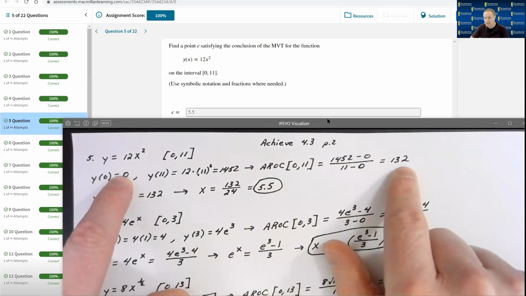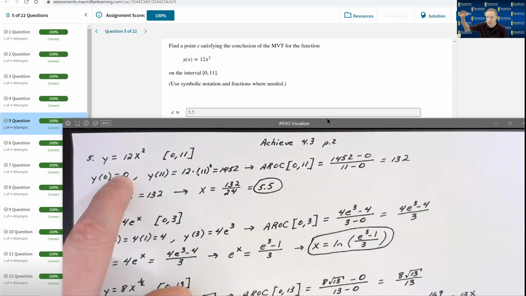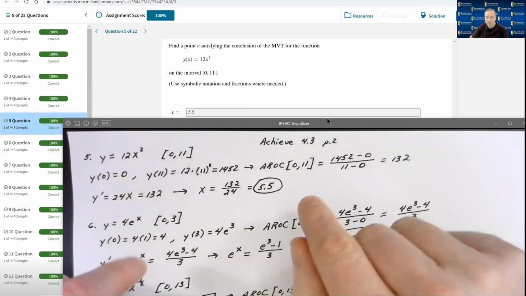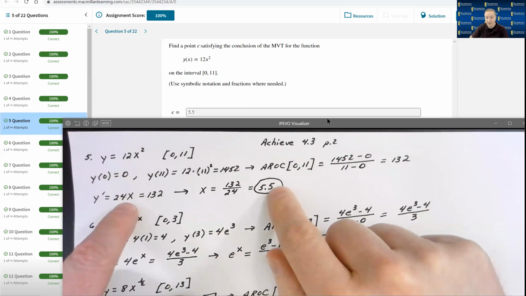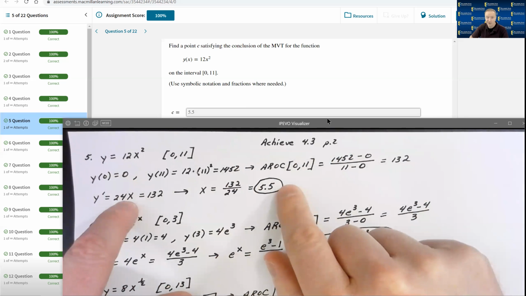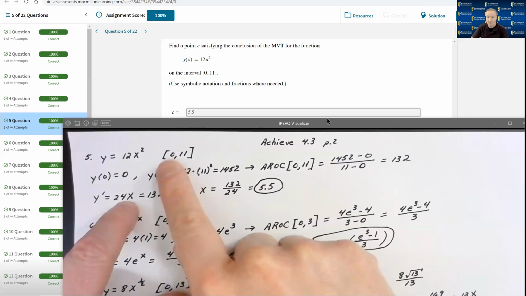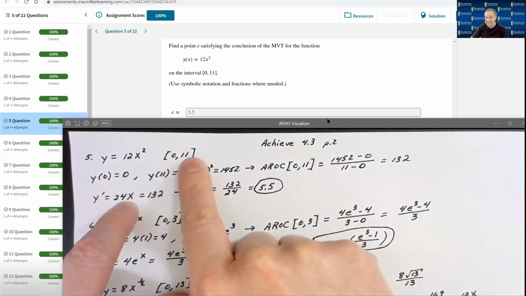But what this tells me is that the slope from 0 to 11 is a slope of 132 from one point to another. The y value moves up 132 units per x unit increase over this region. So I know that there has to be some x value in between 0 and 11 that has this exact same instantaneous rate of change.